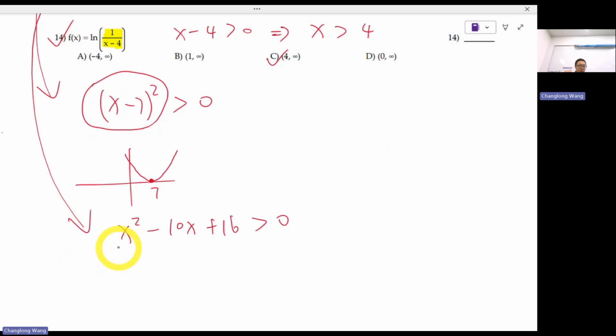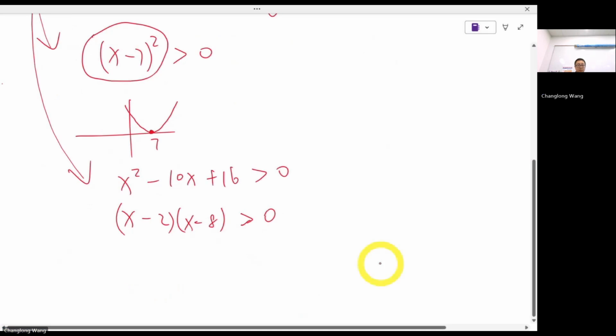If you remember back in the polynomial graph, we want to factor the polynomial to see what the zeros are. I'm sure you can see it's x minus 2, x minus 8. So now, can you describe what the graph looks like if the function is as simple as x minus 2 times x minus 8?